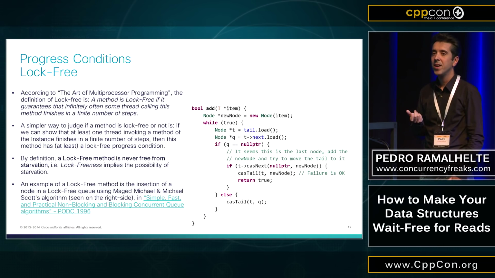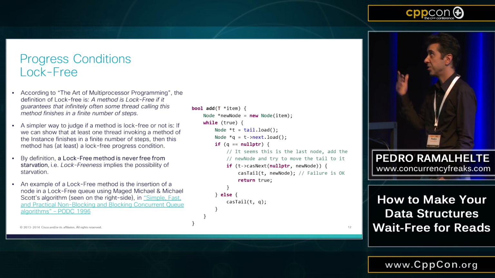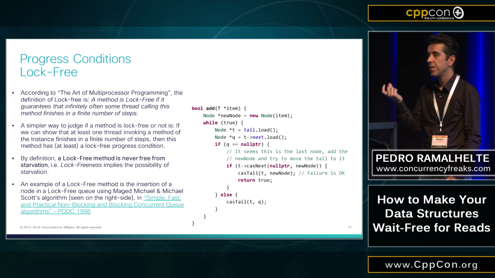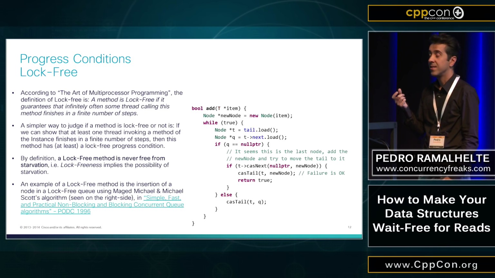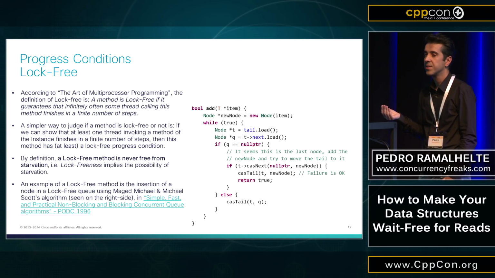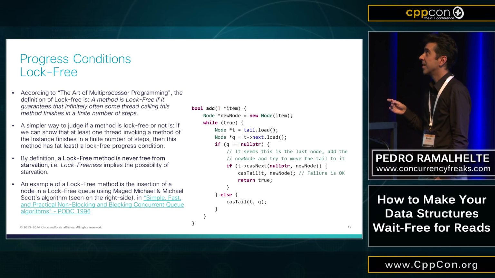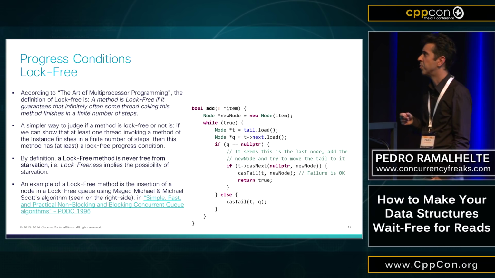Now, an easier way to prove that something is lock-free, or to understand, which is a subset of what's written there, is to just say that if you have threads calling a method, and you can guarantee that at least one is going to complete in a finite number of steps, then it's lock-free. It may not seem like much, but it is a really strong condition and very hard to guarantee in practice.